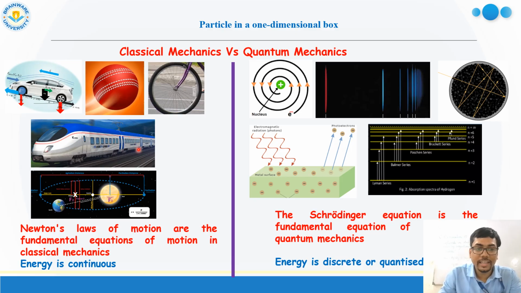All these are massive particles, and everything can be explained with the help of classical mechanics, which follows Newton's laws of motion. You all know Newton's first law, second law, and third law. In this case, there is a very common assumption that energy is continuous, or energy transfer occurs in a continuous way.